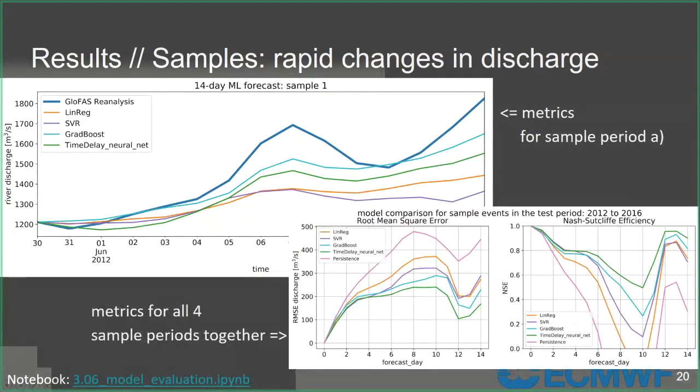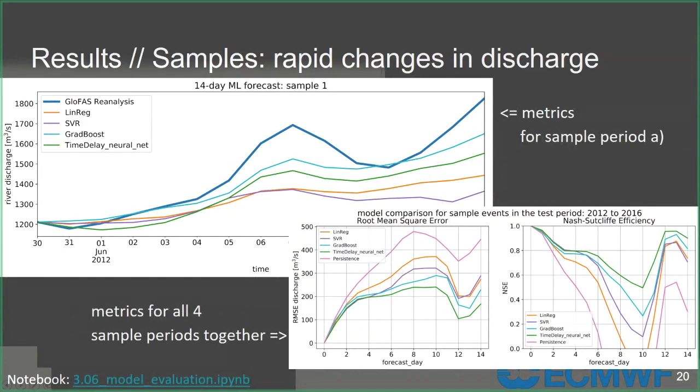The upper left picture tells you now the results for the first sample period, and as you can see, the amplitude is not covered by any of the models, and they are using their reanalysis values, so they should be able to capture it, but they did not. But at least 2 of them, the time delay neural net and the gradient boosting, were able to capture the shape of the increase.